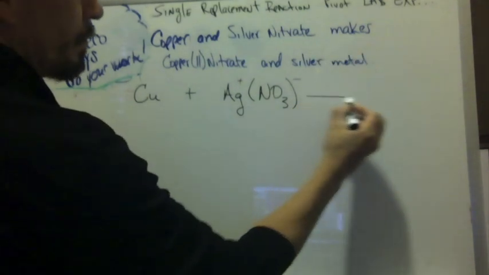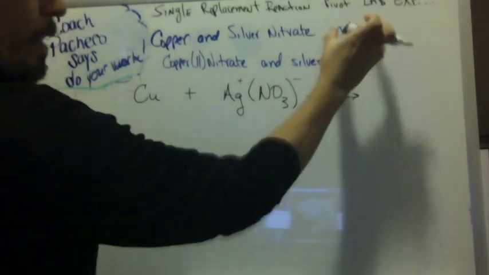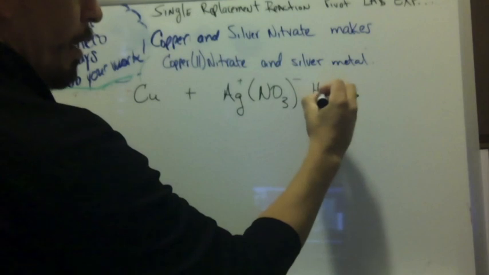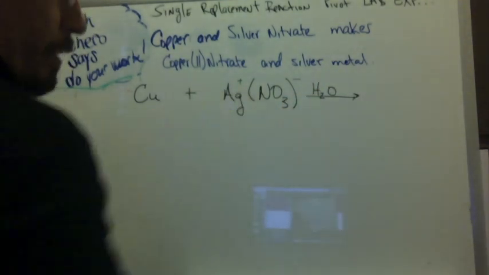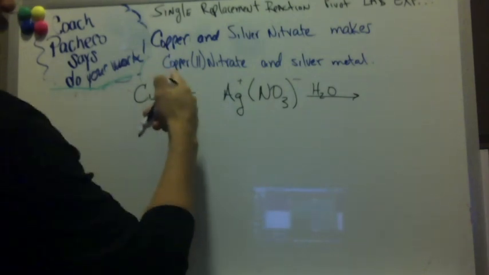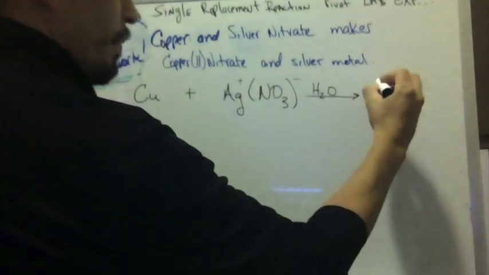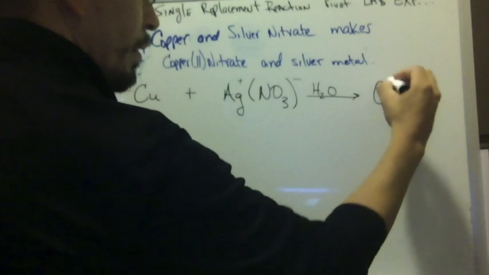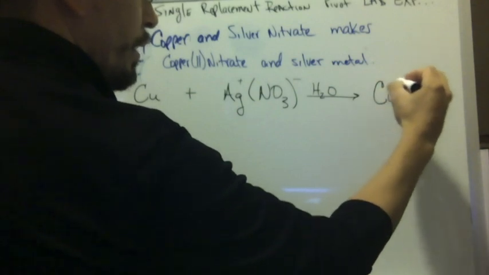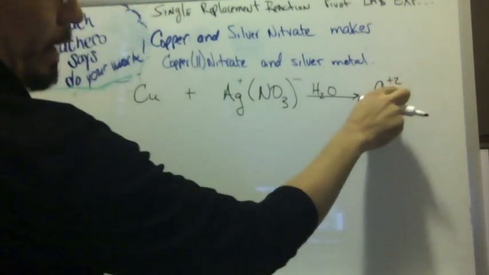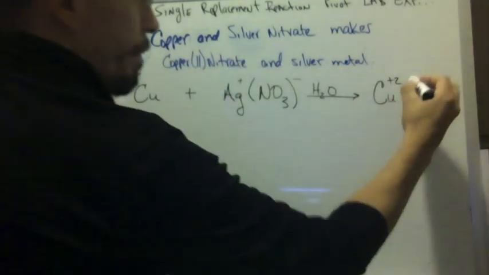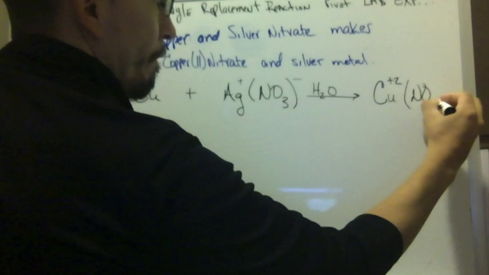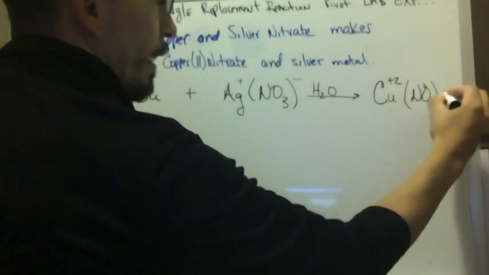Makes, in this case, when water is introduced into the two different substances, copper 2 nitrate, copper, nitrate. That 2 plus 2 is from the Roman numeral 2 right here. And silver.